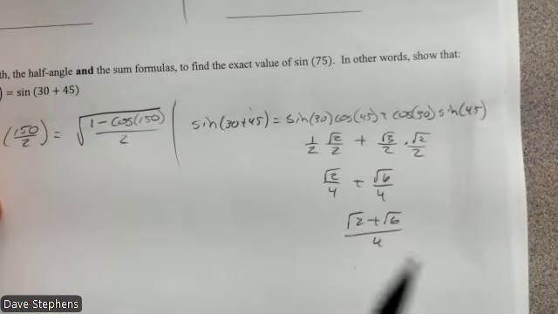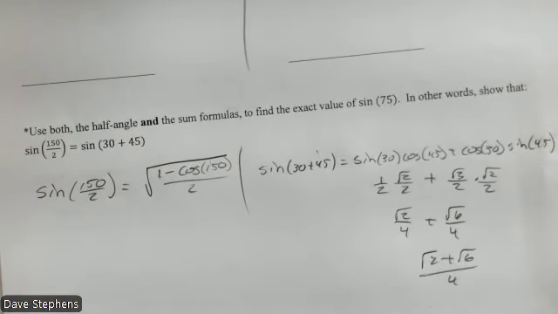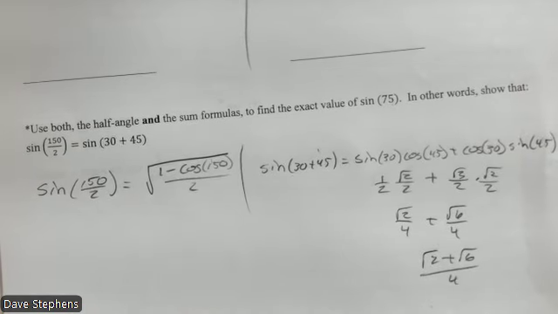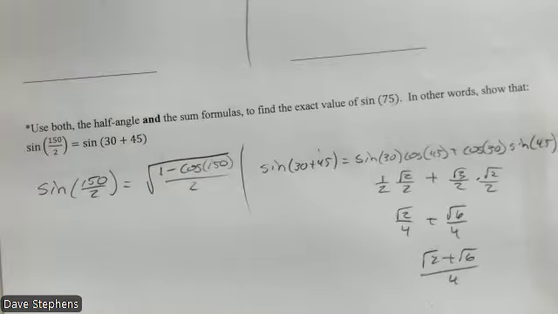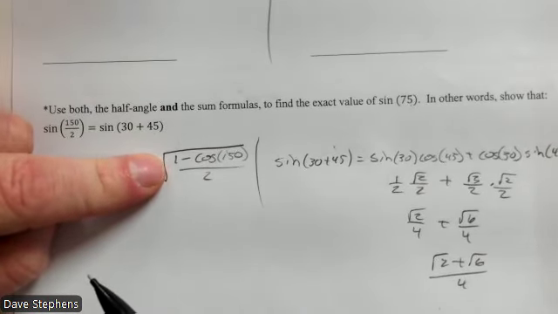All right, so does this turn out to be this guy? Only one way to find out. Cosine of 150. So cosine of 150 is negative root 3 over 2, correct?